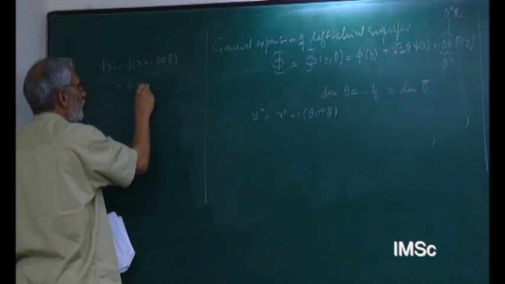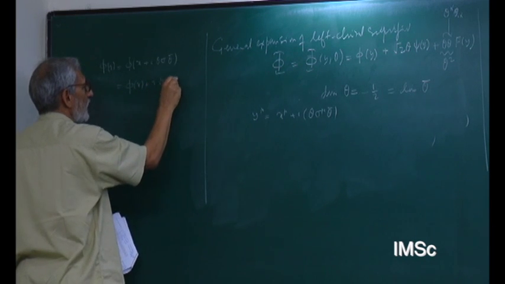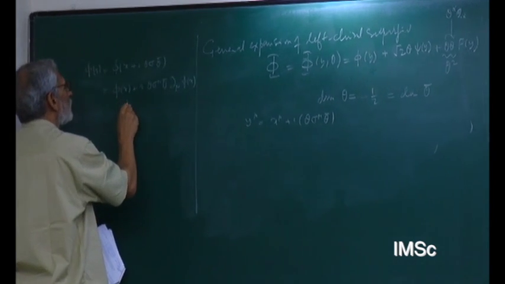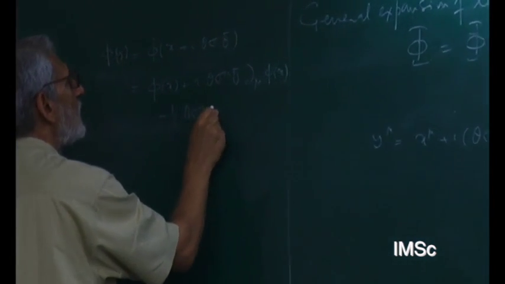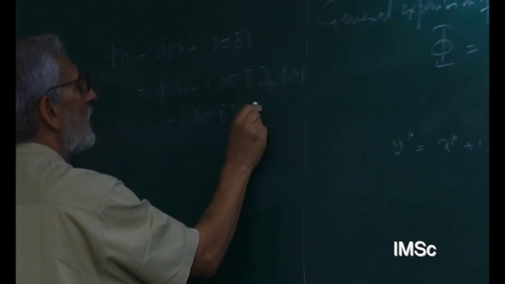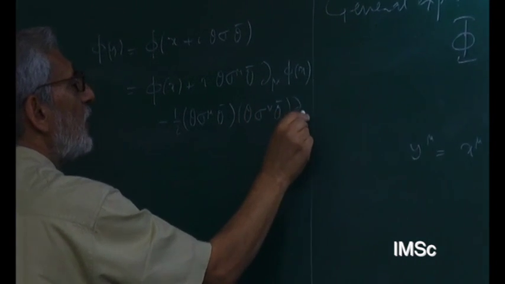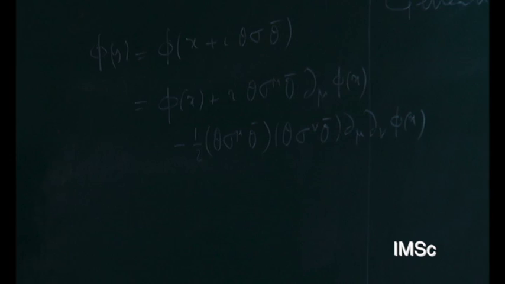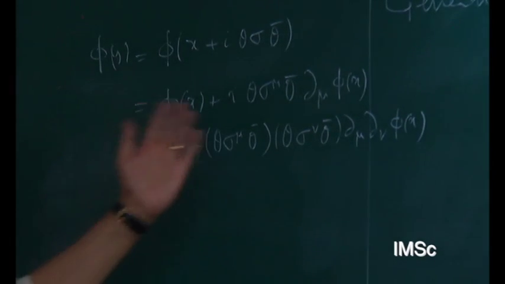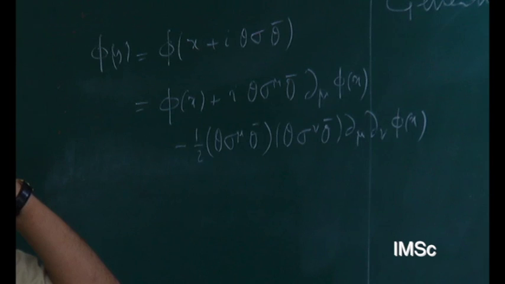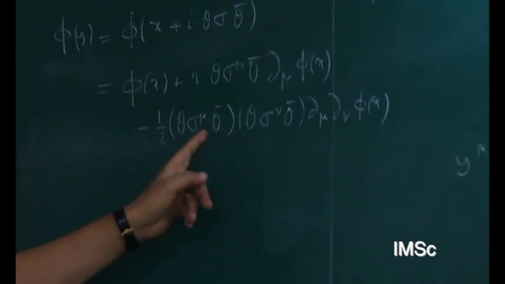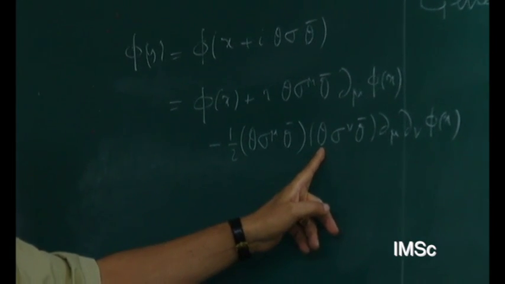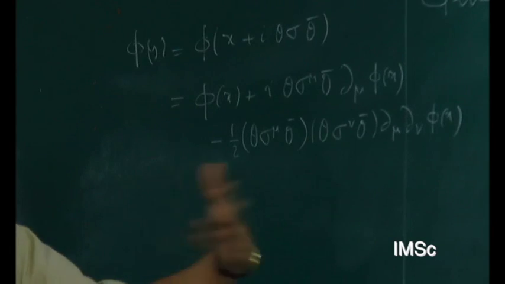Phi x plus I theta sigma mu theta bar d mu of phi x minus 1/2 theta sigma mu theta bar times theta sigma nu theta bar d nu of phi x. The Taylor expansion. I cannot write any more terms because there are 2 thetas here, unbarred. That will have 3 unbarred thetas. 3 unbarred thetas will be 0.